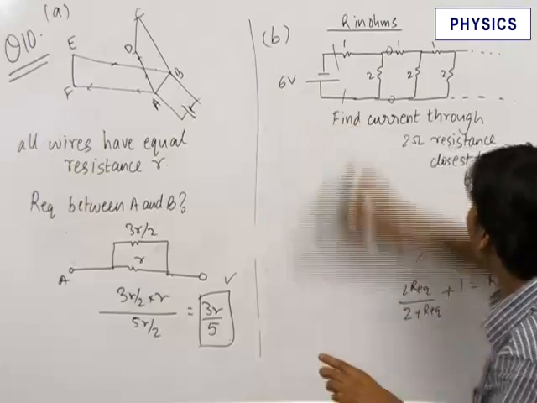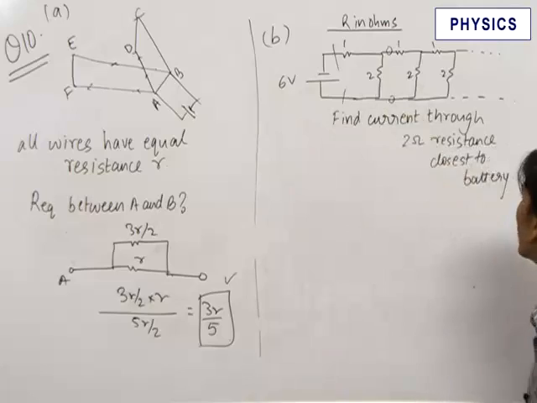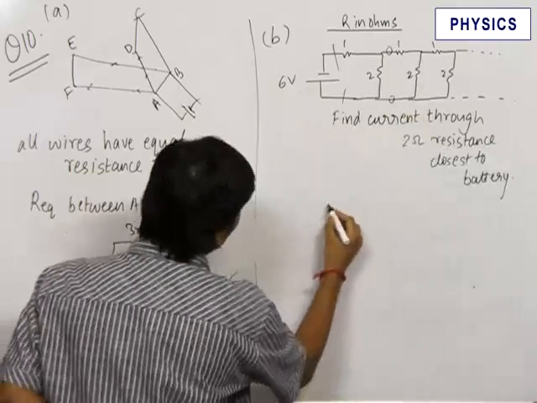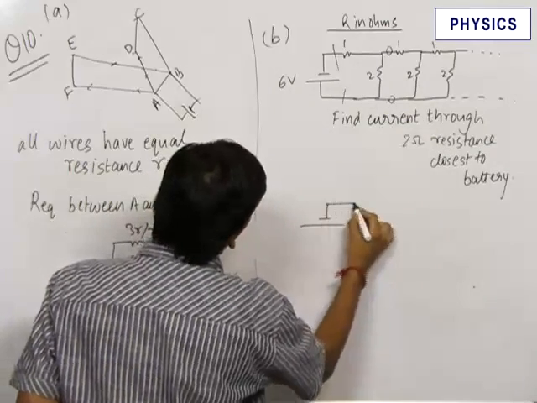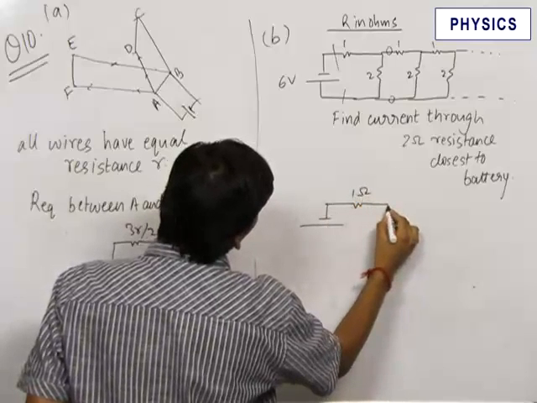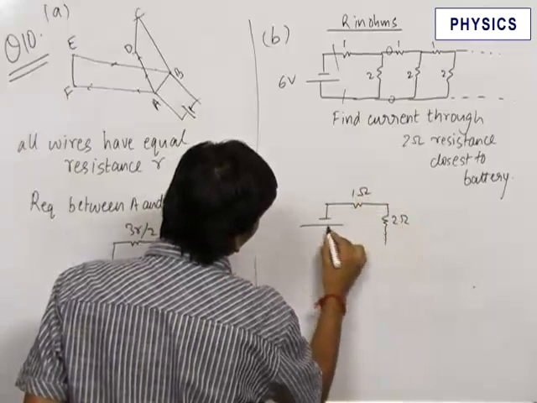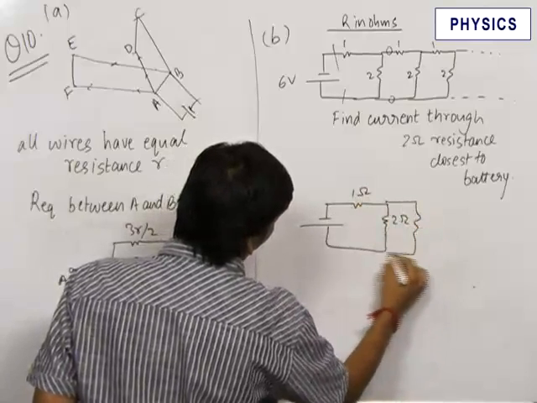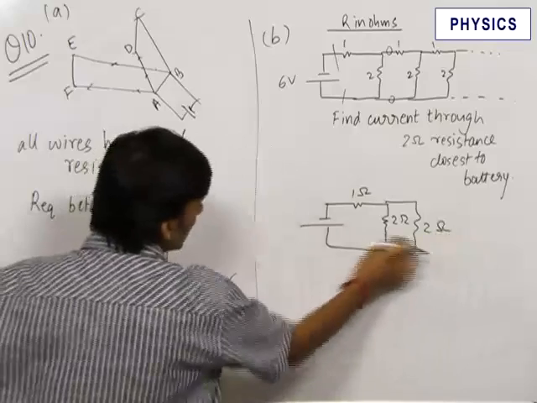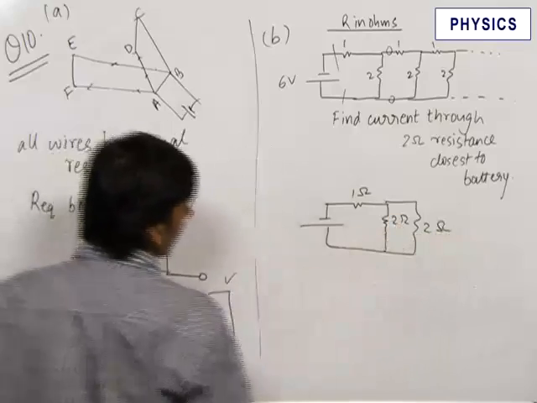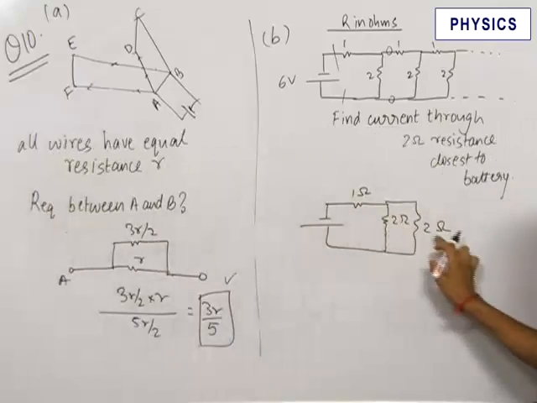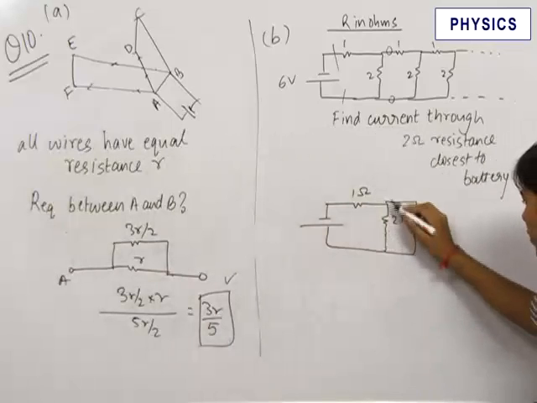Therefore in this infinite ladder that we have, our question becomes very simple now. We have converted this system into 1 ohm, 2 ohm, and 2 ohm, which is in parallel to this 2 ohm. Now the R equivalent of this 2 ohm and 2 ohm will be 1 ohm.